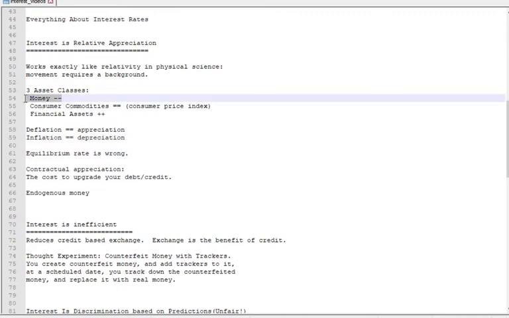So when your money is decreasing in value, which is generally the expected thing, then you're going to have inflation or depreciation of that money.